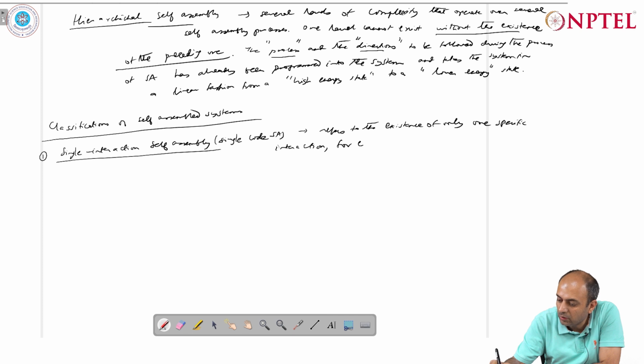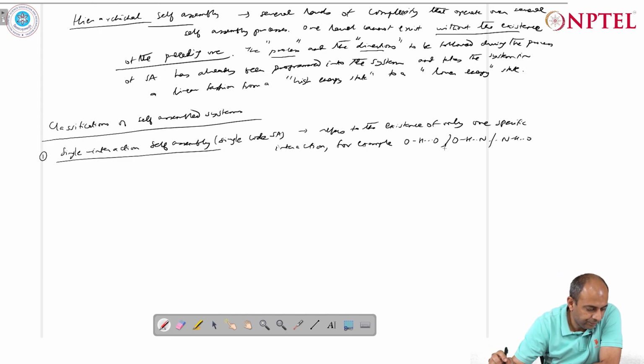For example, you can have a system where the species interact via only OHO hydrogen bond or OHN hydrogen bond or NHO hydrogen bond, and so on and so forth. Or you can have palladium nitrogen interaction of a given specific type.